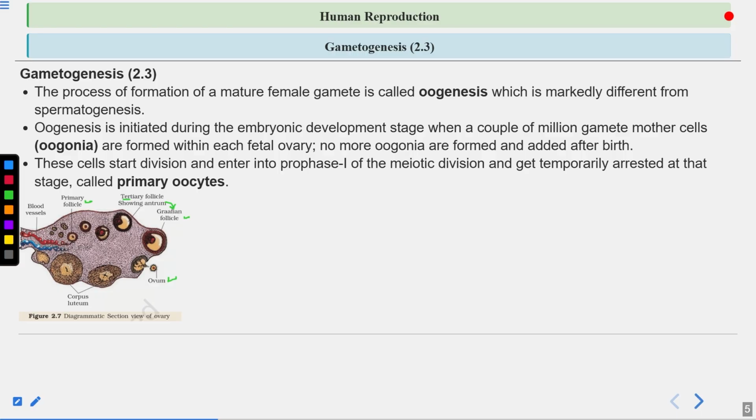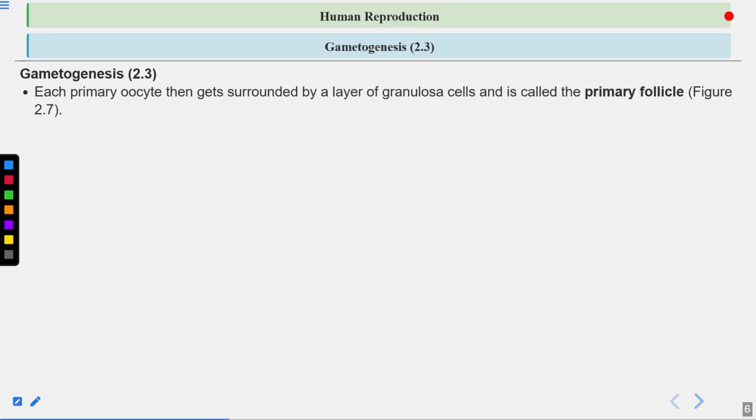Okay, this is clear. So we'll talk about how these follicles are formed within the ovary. So let's see how this primary follicle is formed. Now the primary oocyte gets surrounded by a layer of granulosa cells, and this is known as the primary follicle.